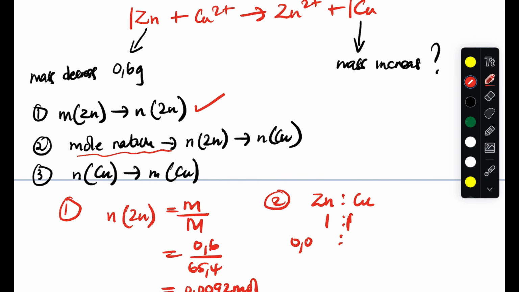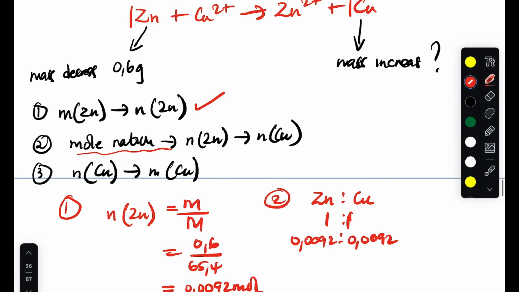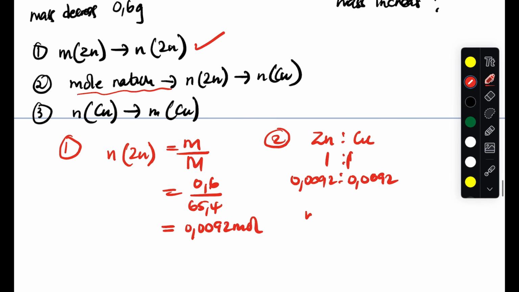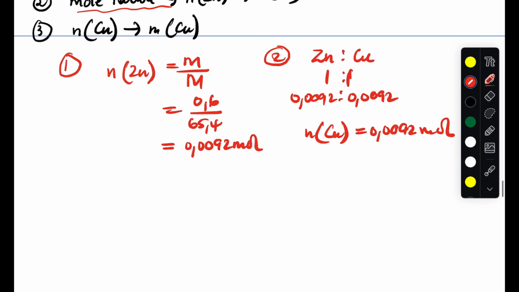That means the number of moles are going to be the same, right? So the number of moles of copper is 0.0092 mole. Step number 3: we're going to change this number of moles into the mass, and then we are done. The number of moles is equal to the mass over the molar mass.